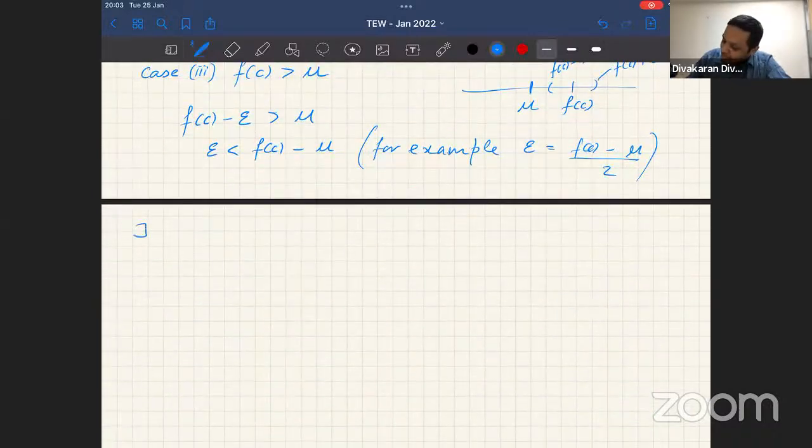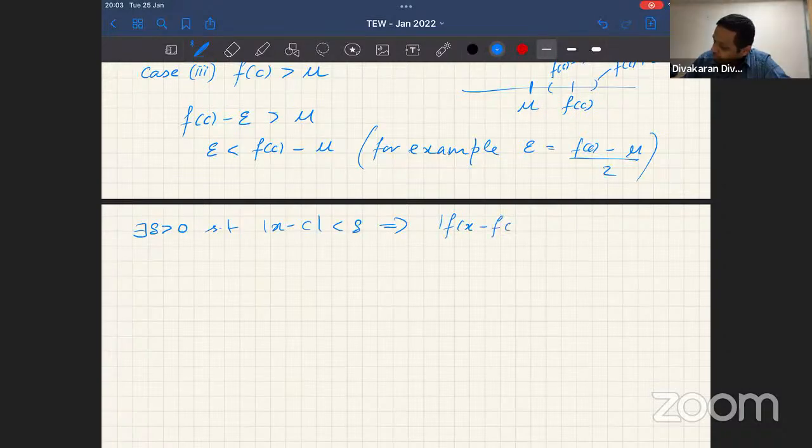There exists some delta greater than 0 such that mod of x minus c is less than delta implies that mod of f of x minus f of c is also less than epsilon.